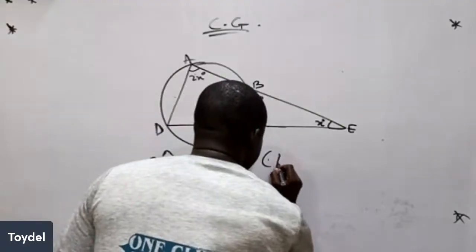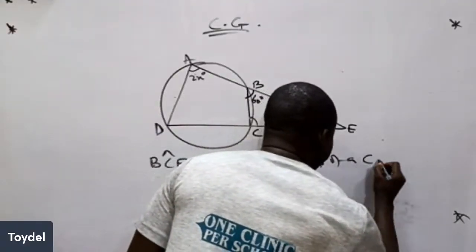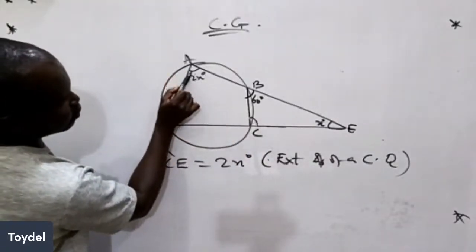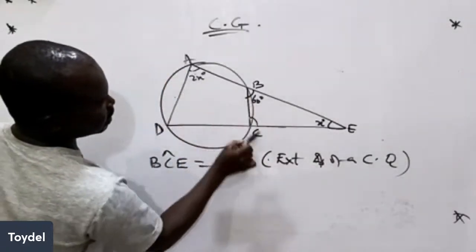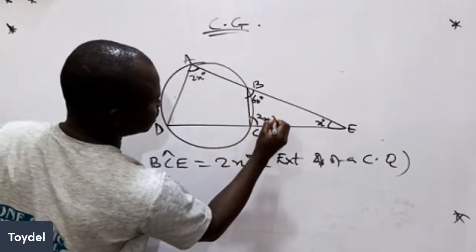That is the exterior angle of a cyclic quadrilateral, the same as the interior opposite angle, based on the theorem.